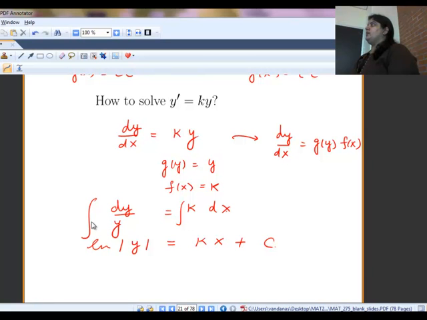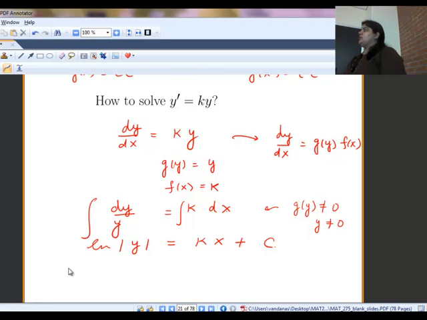And what did I assume in this step? Did I assume anything in this step? I am dividing by y, so I assume g(y) to be non-zero. That means I assume y to be non-zero, right? Okay, in this step.